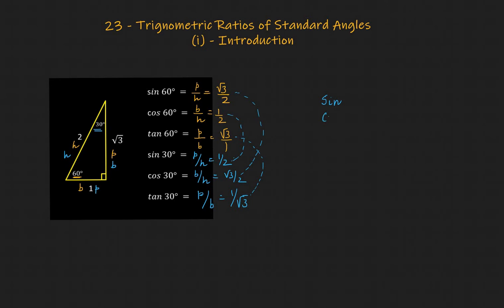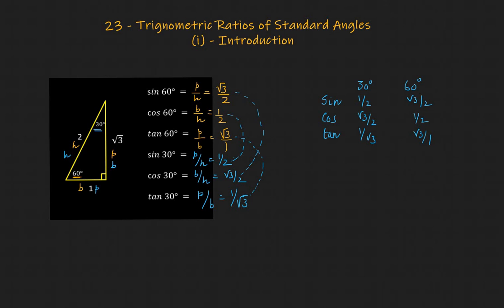So you can write sine, cos, and tan, and write 30 degrees and 60 degrees, and fill in all the values you found. For 30 degrees, sine 30 is 1 by 2, cos 30 is root 3 by 2, tan 30 is 1 by root 3, and for 60 degrees, sine 60 is root 3 by 2, cos 60 is 1 by 2, and tan 60 is root 3 by 1.